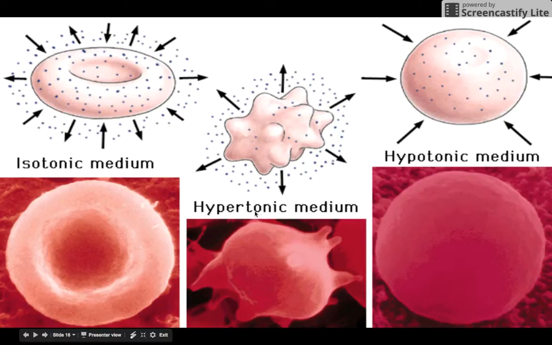But in a hypertonic situation where there is more solute on the outside than on the inside of a cell, well, the water gets sucked out of the cell, causing the cell to shrink. In this situation, it would cause the cell to grow smaller.